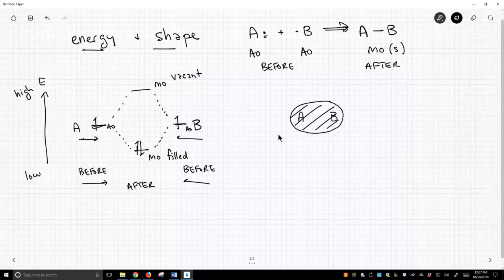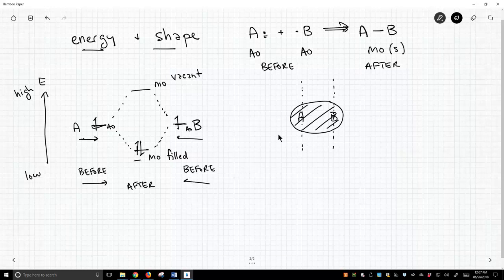This kind of picture is meant to represent where the electrons that are in this molecular orbital reside. And so here is a picture of what the molecular orbital might look like and where the electrons reside.